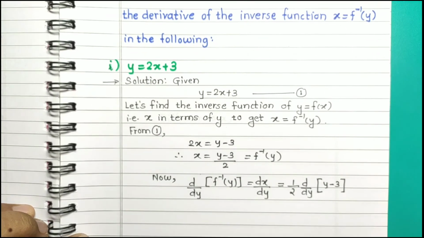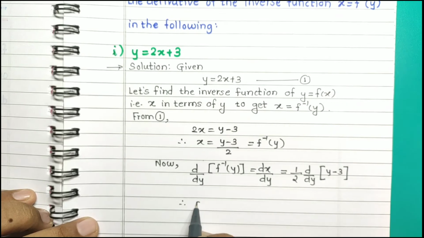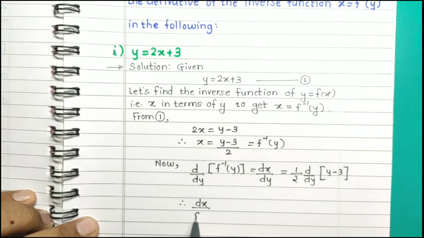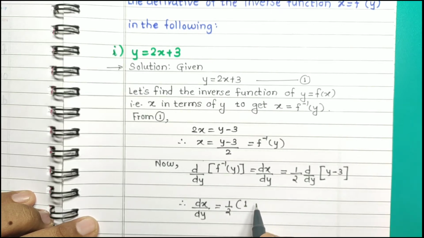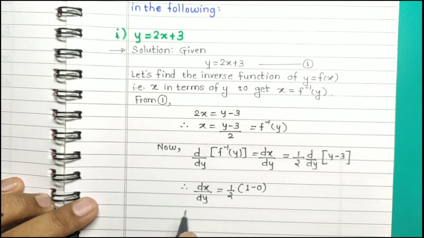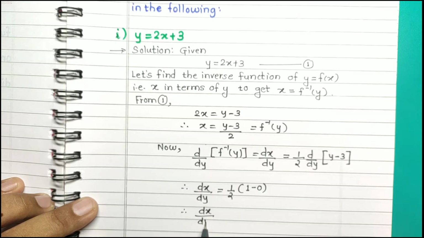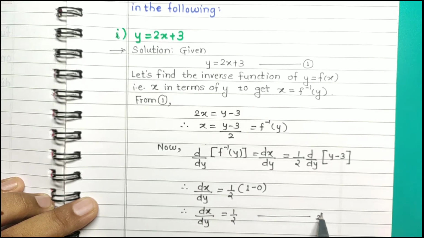Therefore dx by dy is equal to half into derivative of y with respect to y is 1 minus 3 constant, so derivative is 0. So we have dx by dy is equal to half. Call it as equation number 2.